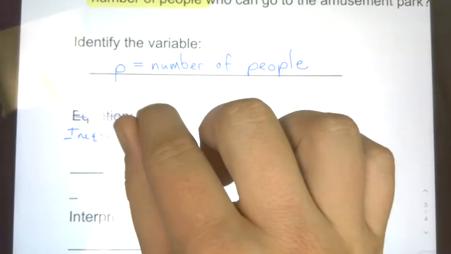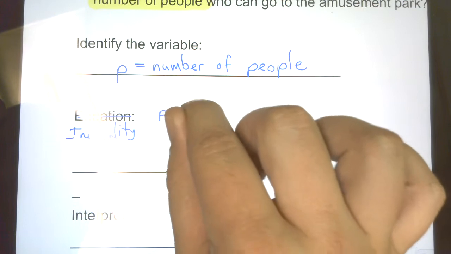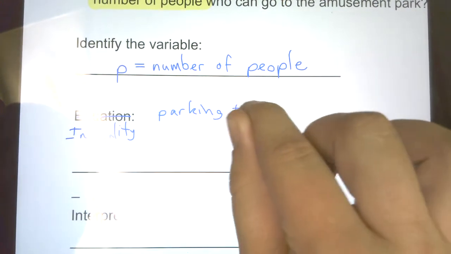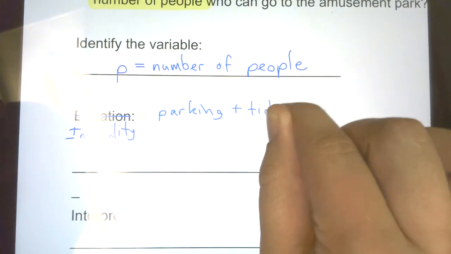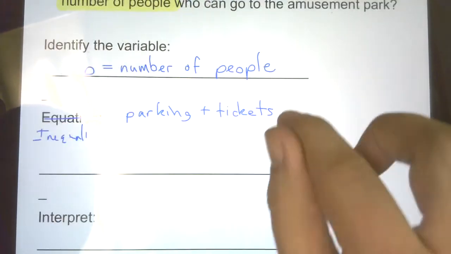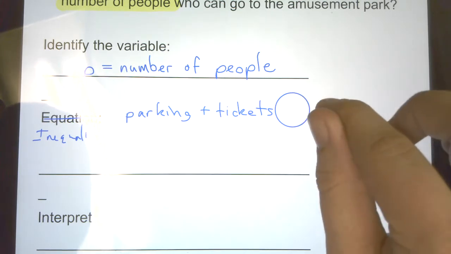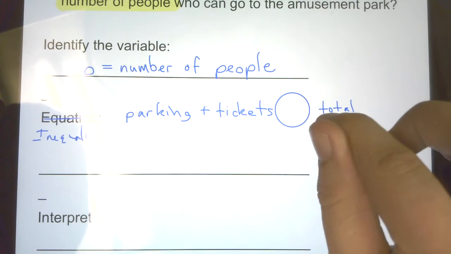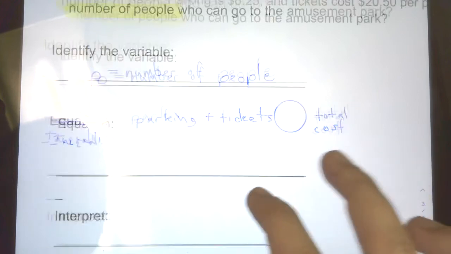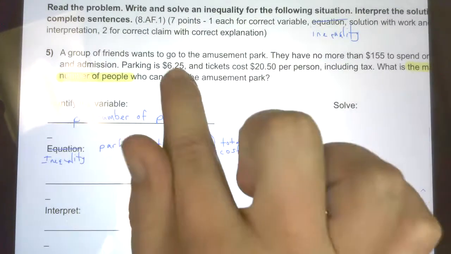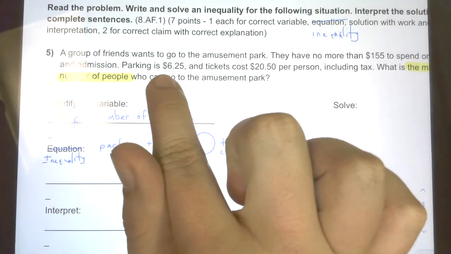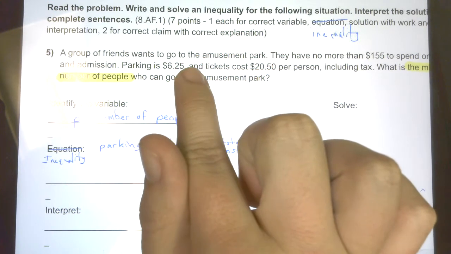So I'm going to say parking plus the tickets, or admission. That's another way to put that. I'm going to draw this little circle here for my inequality sign, and that's going to be the total cost. Okay. The parking, it says, is $6.25. It doesn't say how many people there are or whatever.